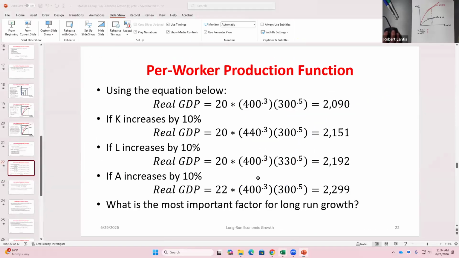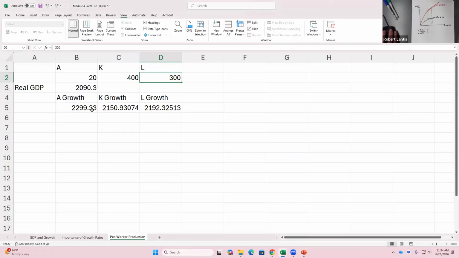In that Excel file, with my per worker production function, let's say A goes up by 10%. These are all going to represent 10% changes for each of these three categories. If A goes up, what's my new value of A?